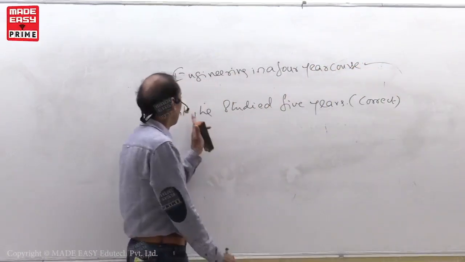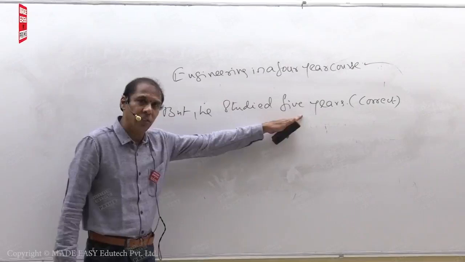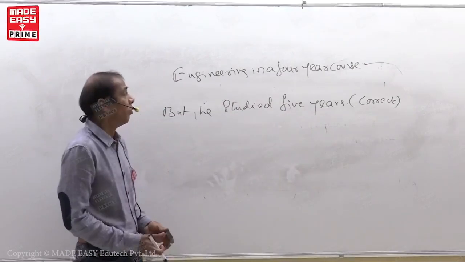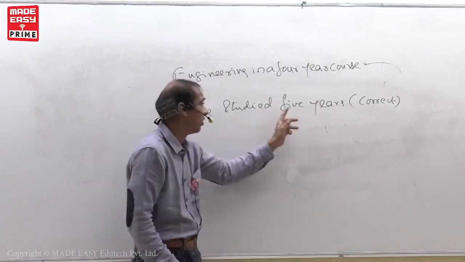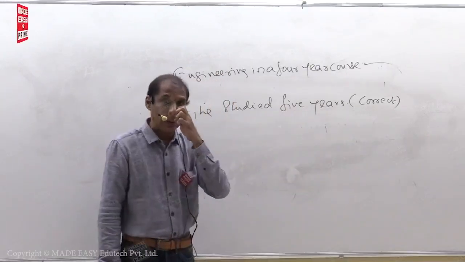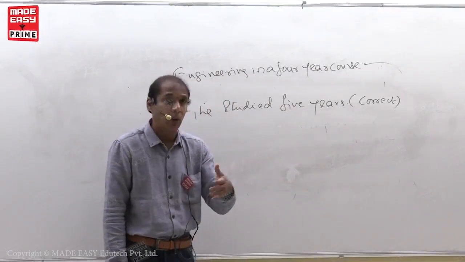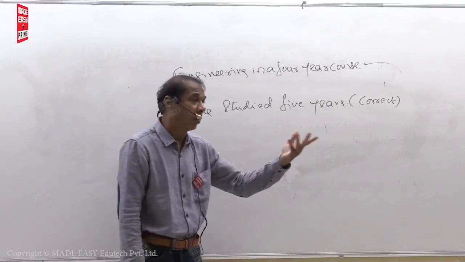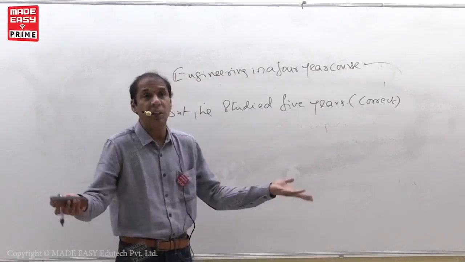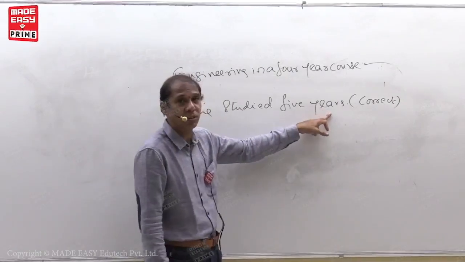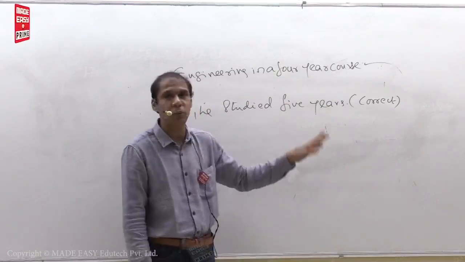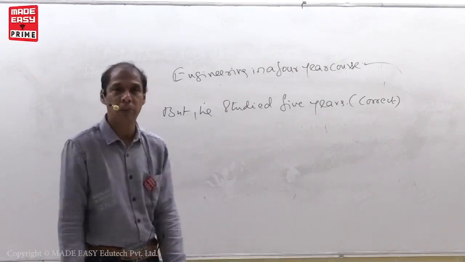Here this is correct, but he studied 5 years. Here this is also correct. Why? 4 year course is the duration of engineering, right? But this is not a fixed duration. One will study 5 years, one will study 10 years, one will study 7 years also, depending on one's ability. So this is not a particular duration, it is the general sense. You can use plural form. Okay, my students?